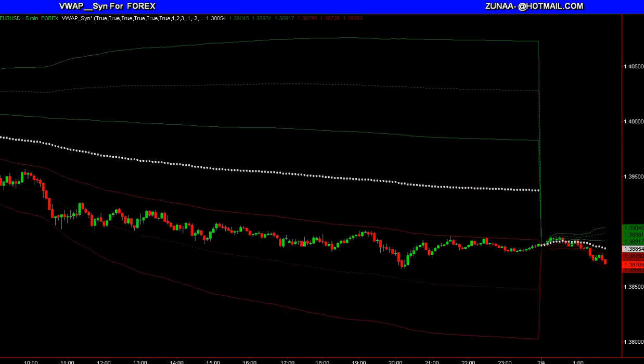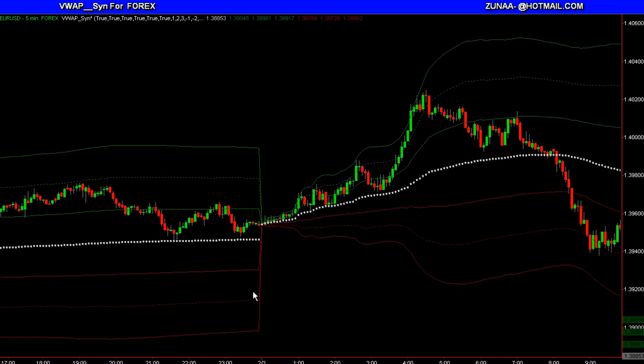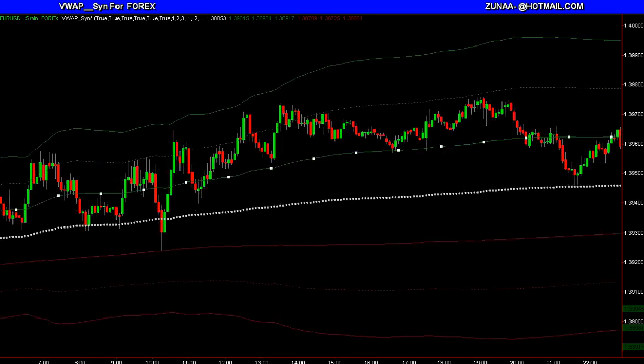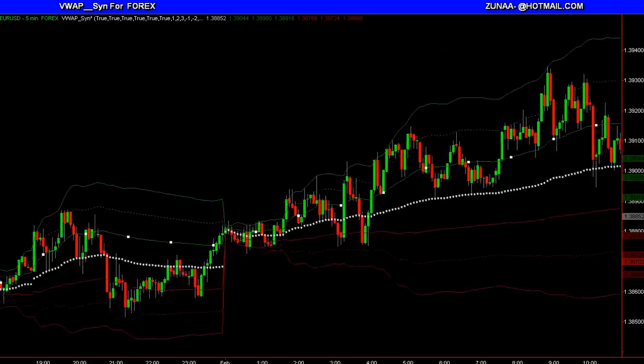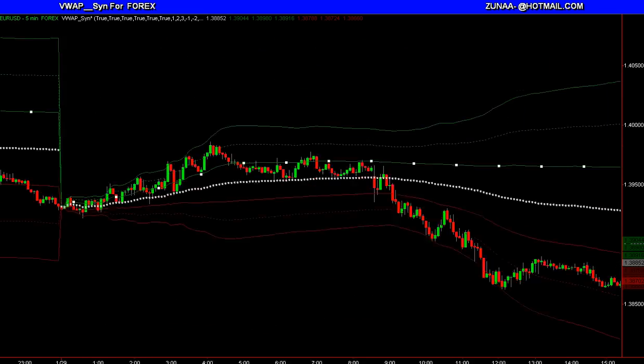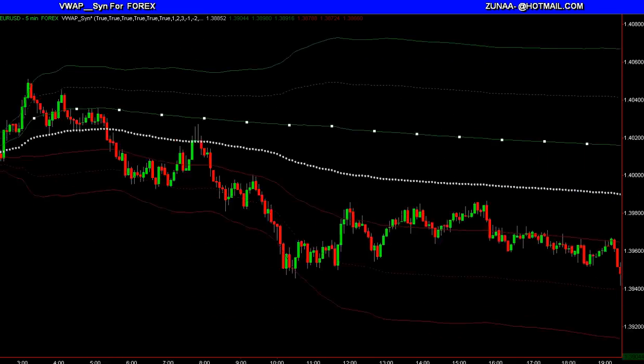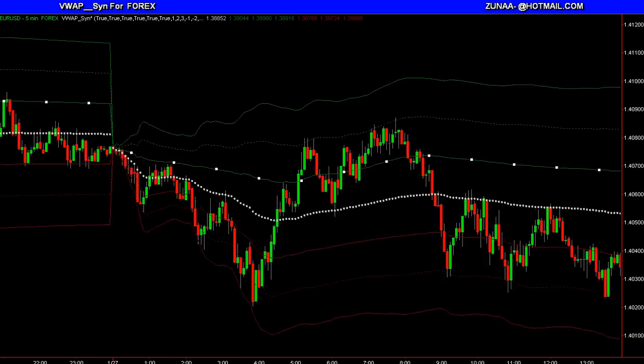So just wanted to show again you can indeed get volume weighted average price on Forex, even though there's no volume being reported. This is on a 5-minute chart, but you can change the resolution to 10, 15, 30, whichever you like, 1 minute.